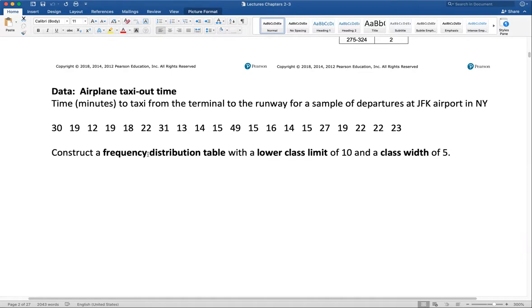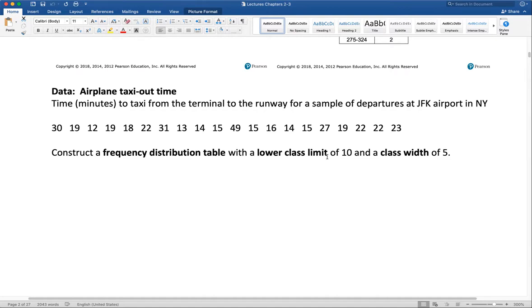Construct a frequency distribution table with a lower class limit of 10 and class width of 5. Luckily, these problems give you a specific number for class width and lower class limit, so you don't have to figure out the class width or round up or down.